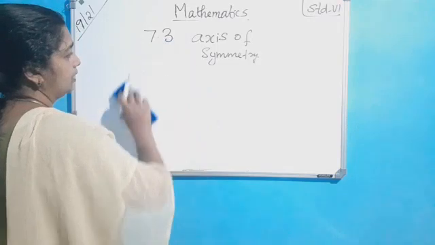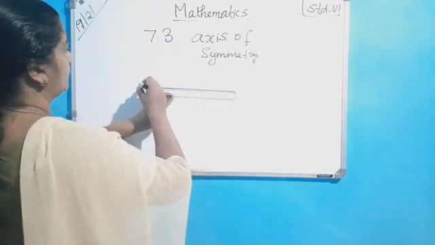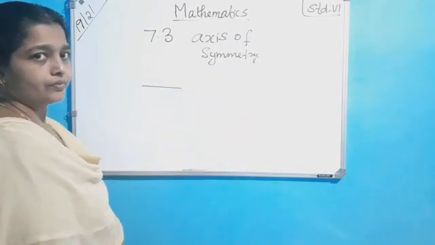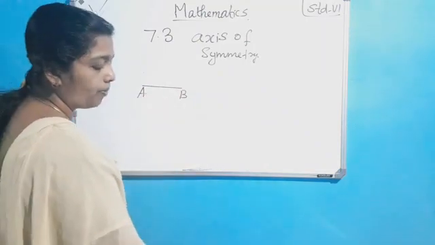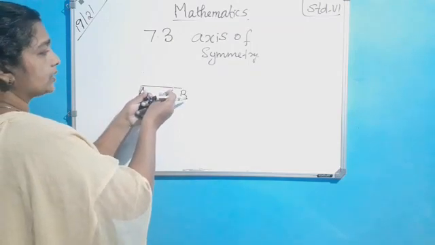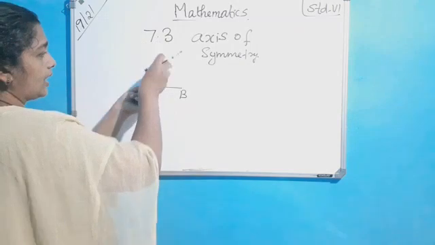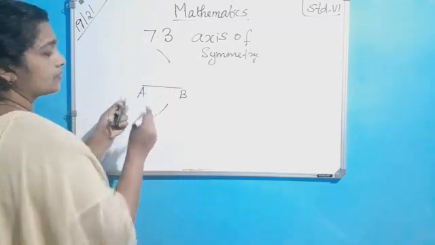Once more. First take the scale and measure 7.3 centimeter. This is AB. Take the compass, take more than half of the measurement of AB, then from A cut an arc up and again down.